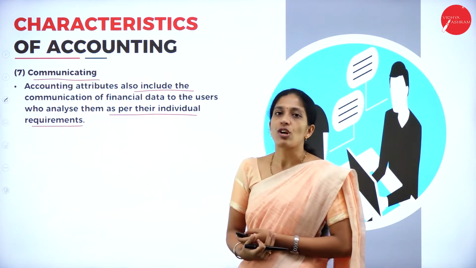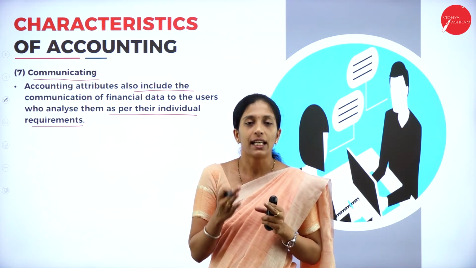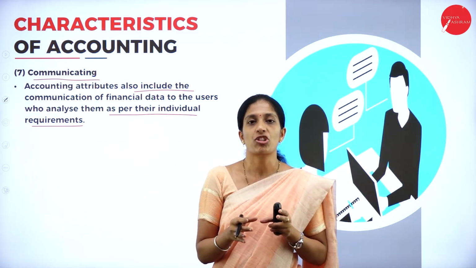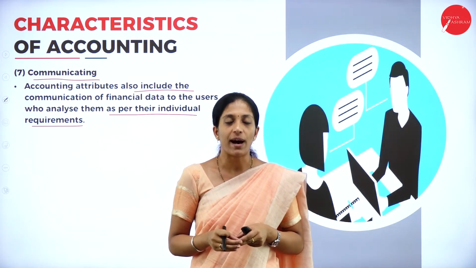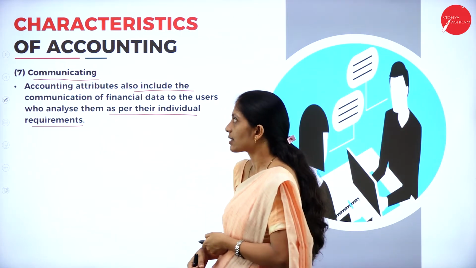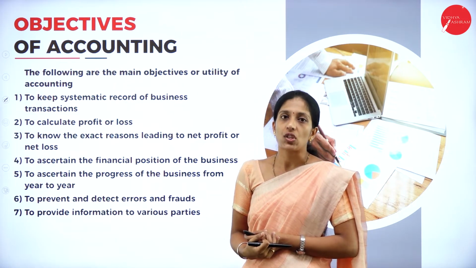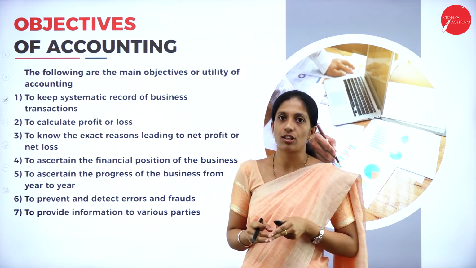This is also one of the important characteristics of accounting, where after interpreting the accounting information in the form of the trading and profit and loss account as well as the balance sheet, it has to be communicated to the respective users. Now let us see what the objectives of accounting are. So till now we have learnt everything relating to the characteristics of accounting.